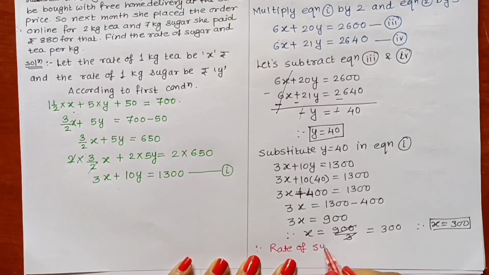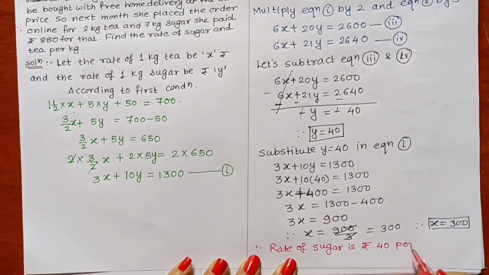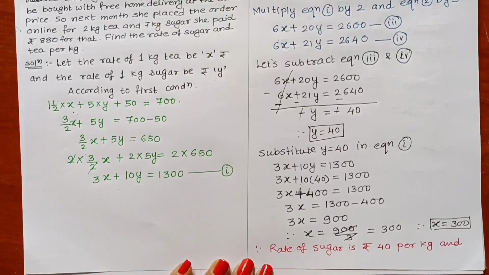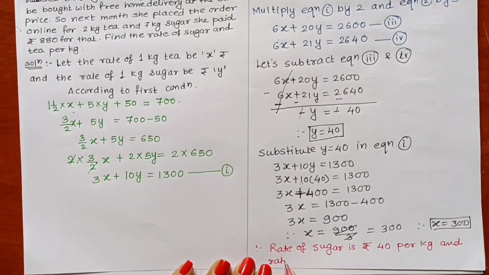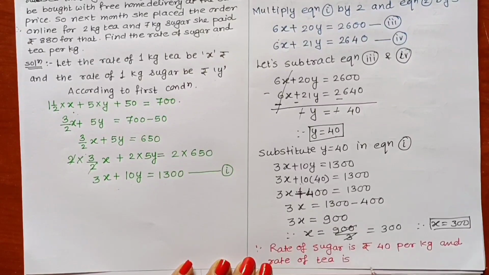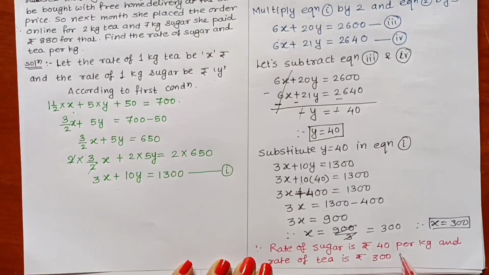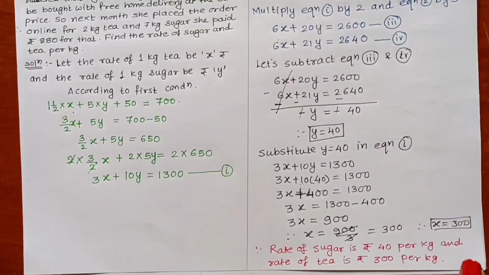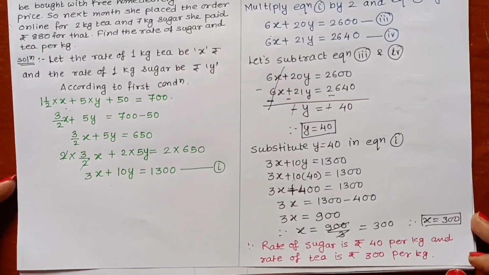Rate of sugar is rupees 40 per kg and rate of tea is rupees 300 per kg, okay?